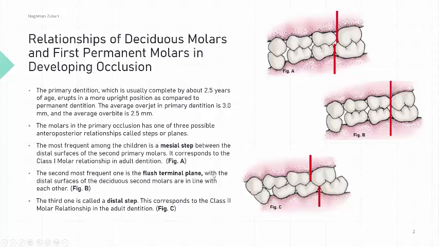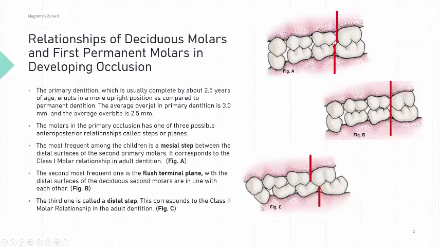Then we have the flush terminal plane, where the distal surfaces are in a straight line, and the first permanent molars would be in an end-to-end relationship.